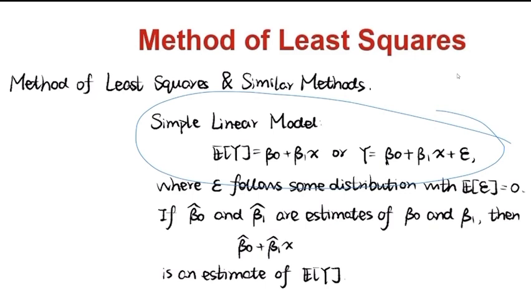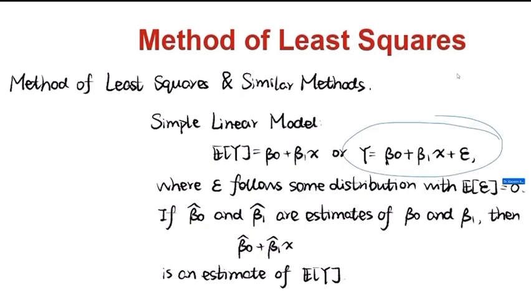A probabilistic model is a model that has an error component. If you take a look at this, the deterministic aspect is this, and this is the random aspect. The random aspect is what we call the error.